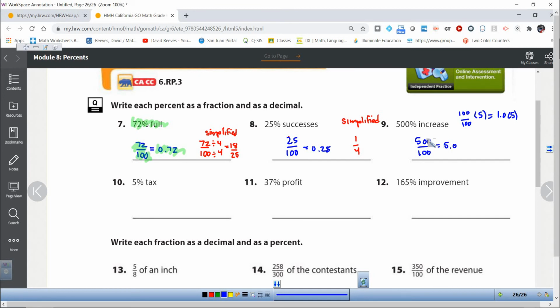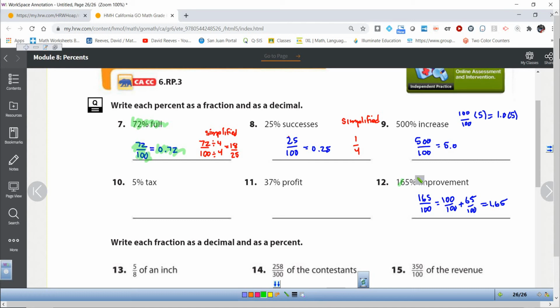So when you have a value bigger than 100, that number is going to go in front of the decimal. For example, 165%, 165 over 100. In this case, that would be 100 over 100 plus 65 over 100, and we're going to get 1.65 when we have our decimal.